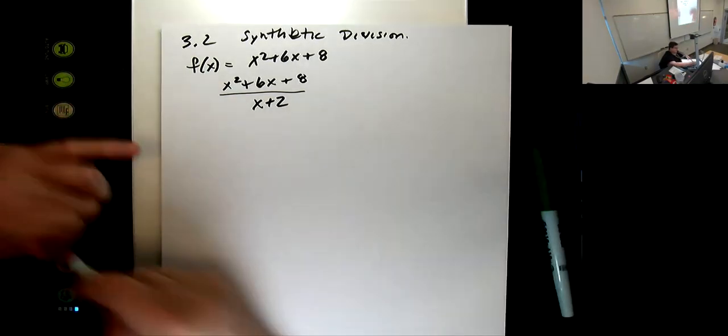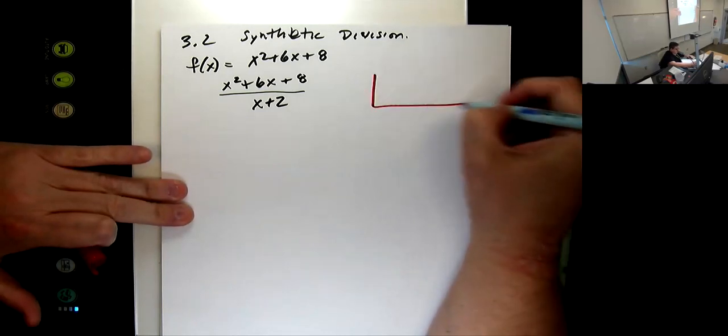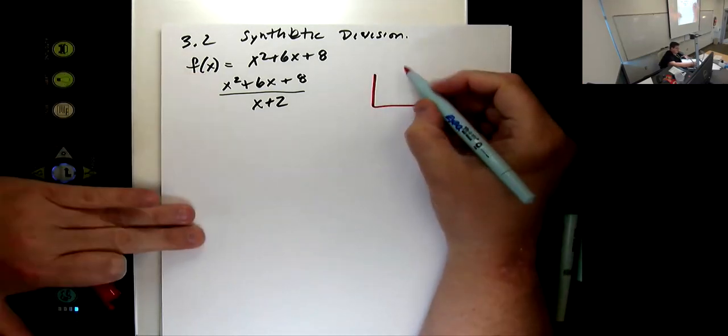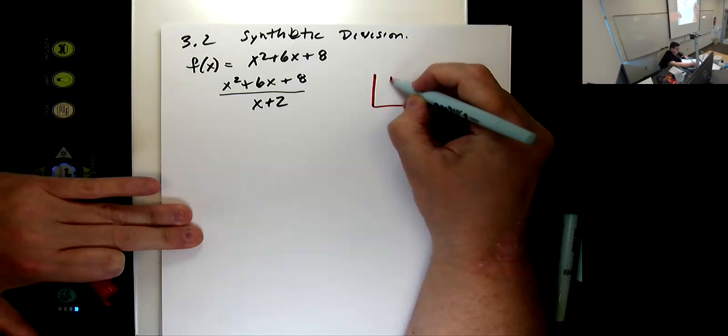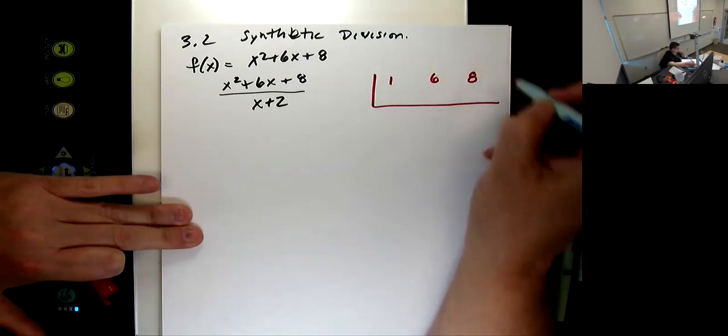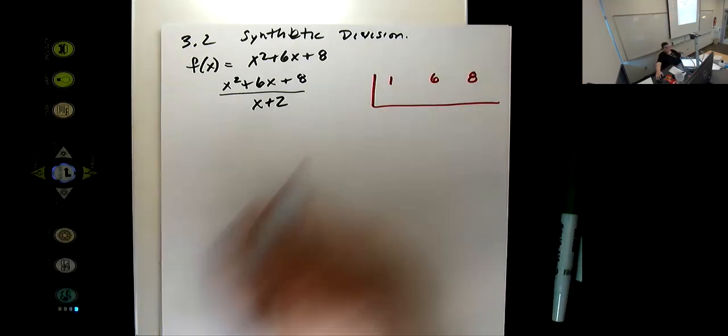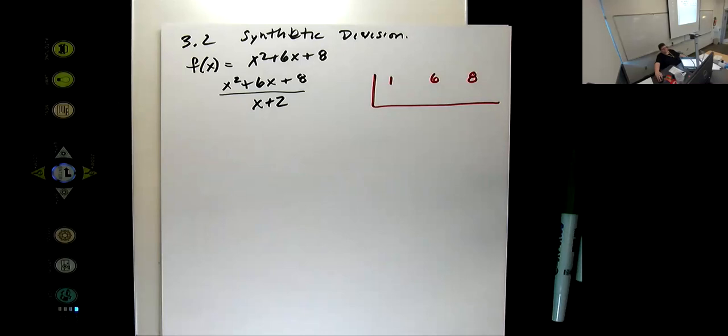So for synthetic division, we took the coefficients. I know we did a little bit about synthetic division, but I want to look at that lecture note real quick, to see if I need to re-hit this.